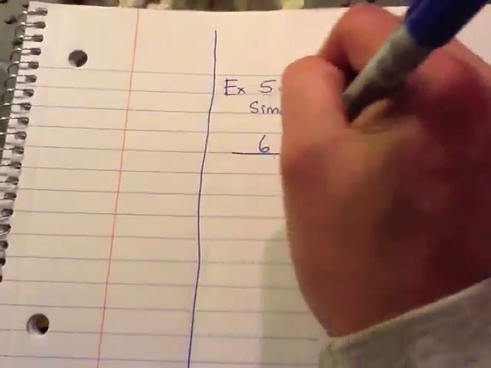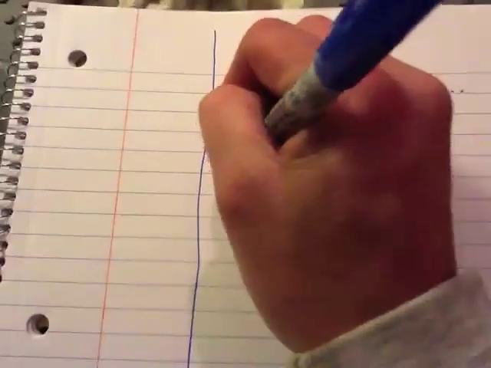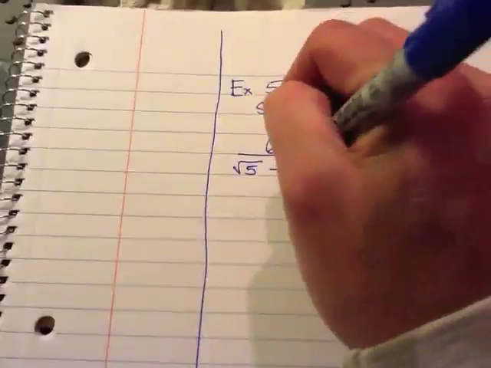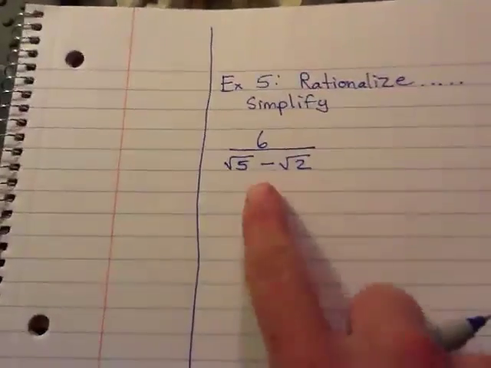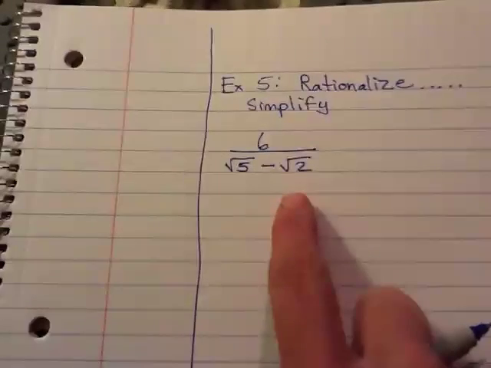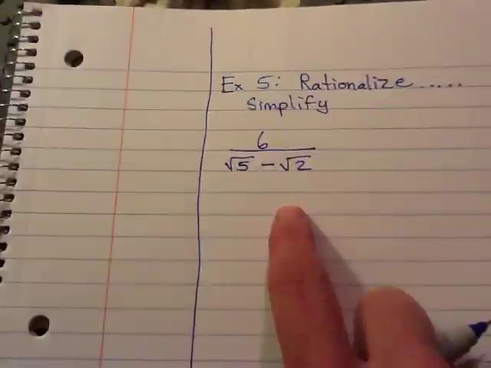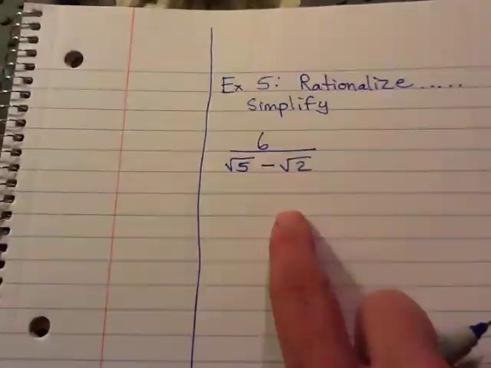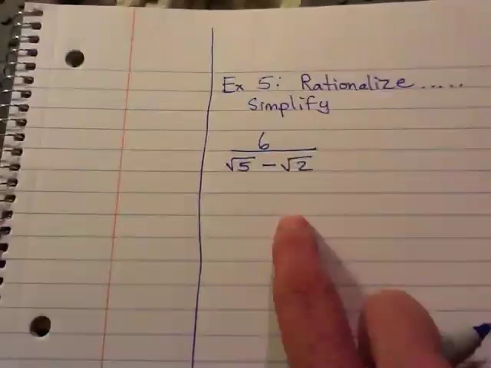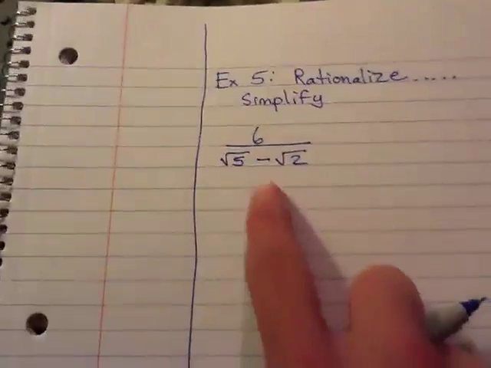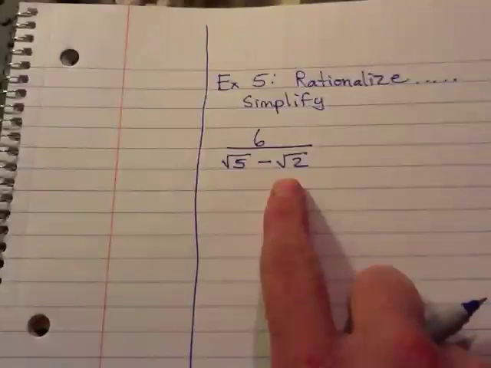It tells us to simplify 6 over the square root of 5 subtracting the square root of 2. I can't combine these square roots because they're not the same. So instead what I have to do is I have to try to think about what's going to give me something that's going to break these square roots down.